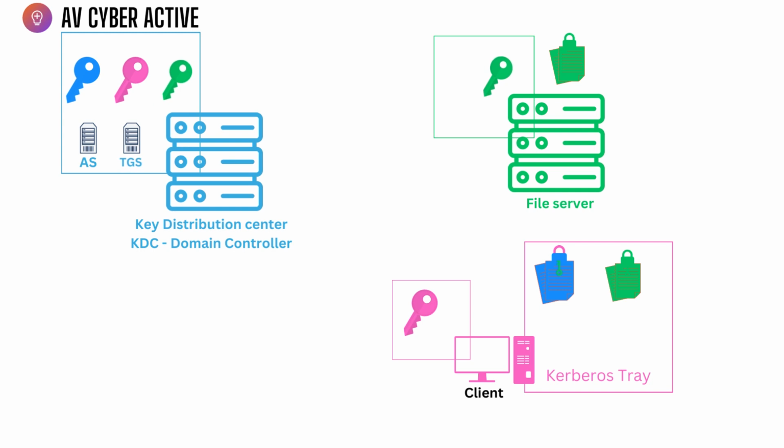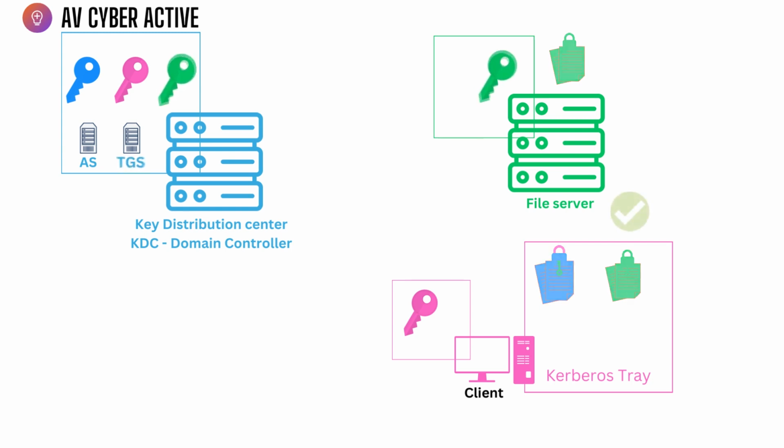I'll open it up and that'll tell me your username and what groups you're a member of, and I'll use that information to decide what you're allowed to access. And every time you come back to me, Mr. Client, you're going to have to resend me a copy of this ticket.